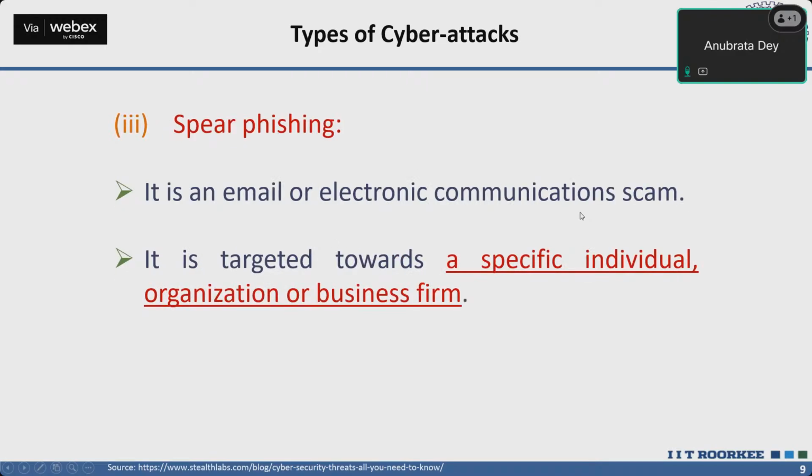The third type of attack is known as spear phishing. This is also usually done by sending an email to your system, and the specific target, as observed in papers and by industry, is a specific individual, a business firm, or a big organization. Recently, about two weeks ago, there was an attack at Delhi airport. The government claimed it was a problem in the software handled by the Airport Authority of India, Delhi region, but many newspapers and channels reported it was a cyber attack.